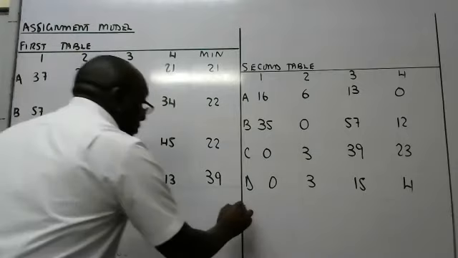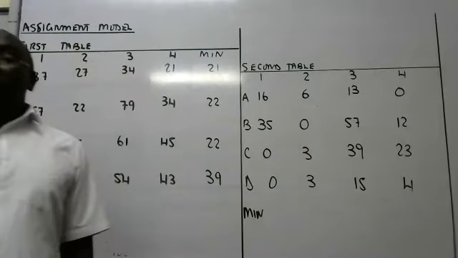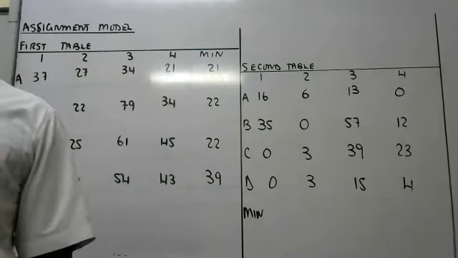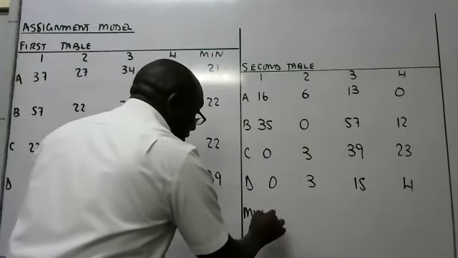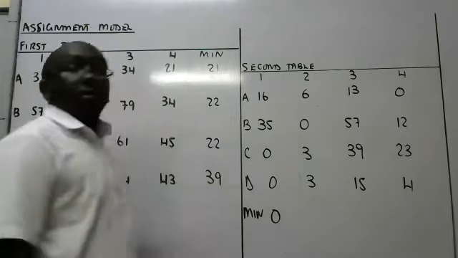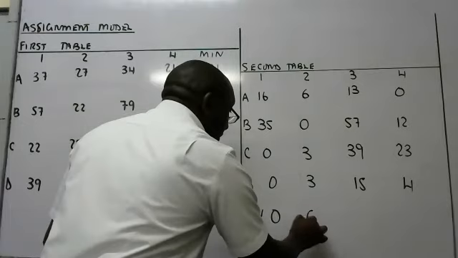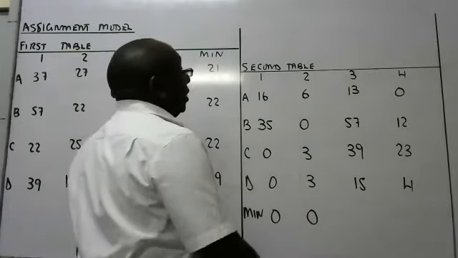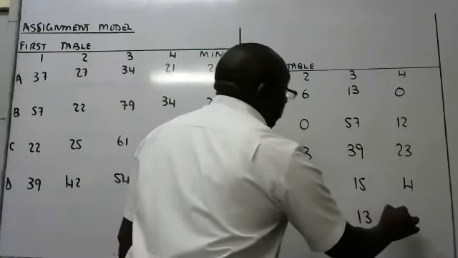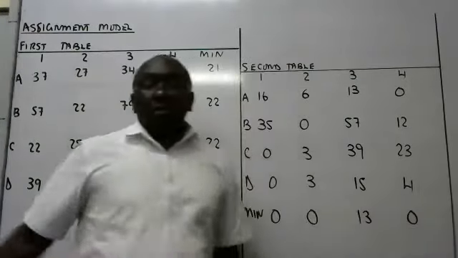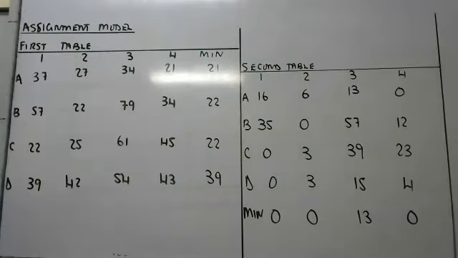Now extract the minimums of the columns of the second table. In the first column, the minimum is 0. Second column, the minimum is 0. Third column and fourth column, 0.